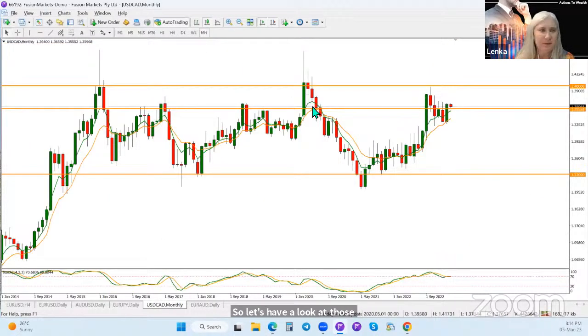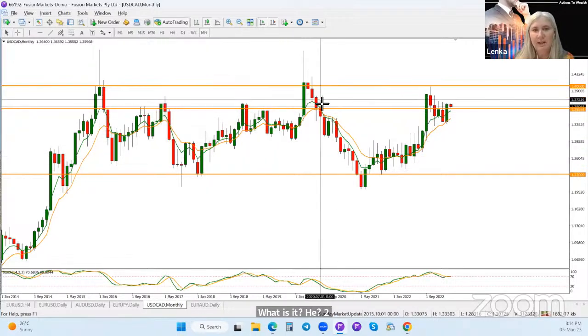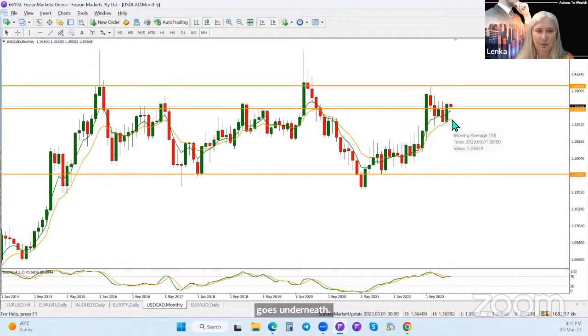So on the monthly chart, USD CAD, I am at the top of what looks like a range since, what is it here? 2014, right? And it's at the top of the range. So I'm looking for short opportunities if the price goes underneath, retests, and then I'm obviously looking to go to the bottom of the range there.